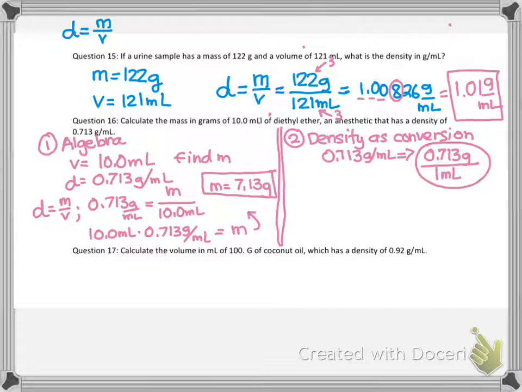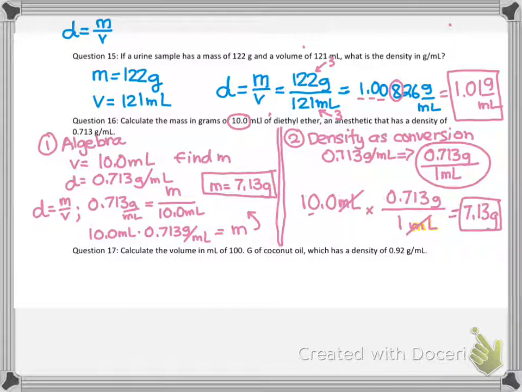Anytime I can write one thing on top of the other, that's a conversion factor. I never start the problem with a conversion factor, so what else do I know? I know there's 10 milliliters. So I'd say 10 milliliters, and then I'm going to multiply it by the conversion factor. I want the milliliter on the bottom so that it cancels, so I put the 1 milliliter on the bottom and the 0.713 grams on the top. The milliliters cancel, and it's 10 times 0.713. Sorry, and I get, obviously, the same answer.